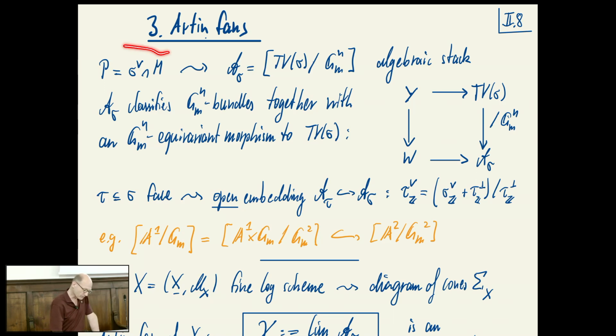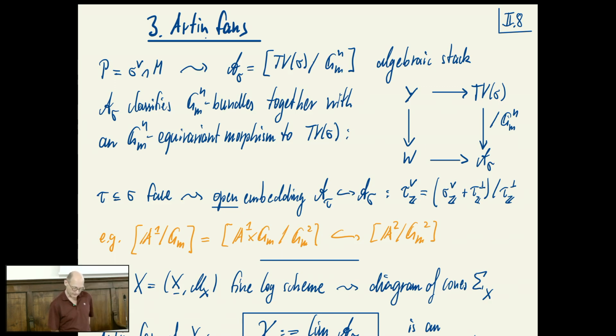So we had these toric monoids, sigma dual intersected M, and any of those comes with an algebraic stack, an Artin stack, by dividing out the torus. I'm not sure how familiar you are with working with algebraic stacks, but quite explicitly, this is a stack that parametrizes objects as follows.